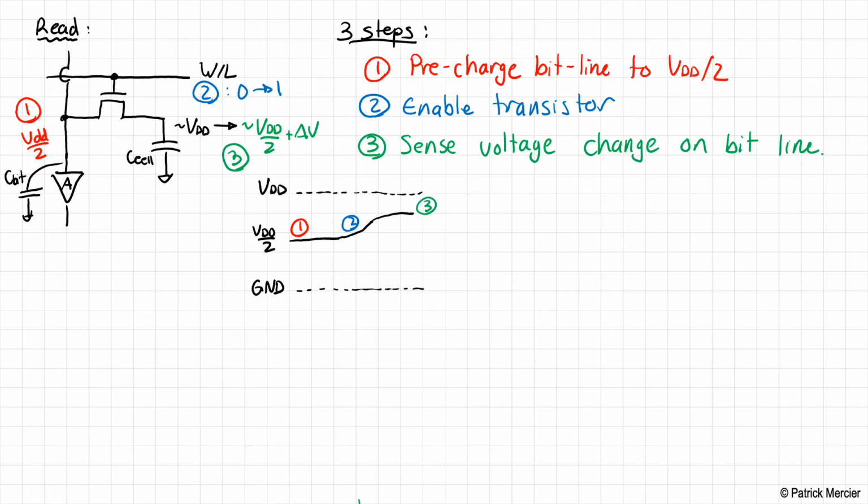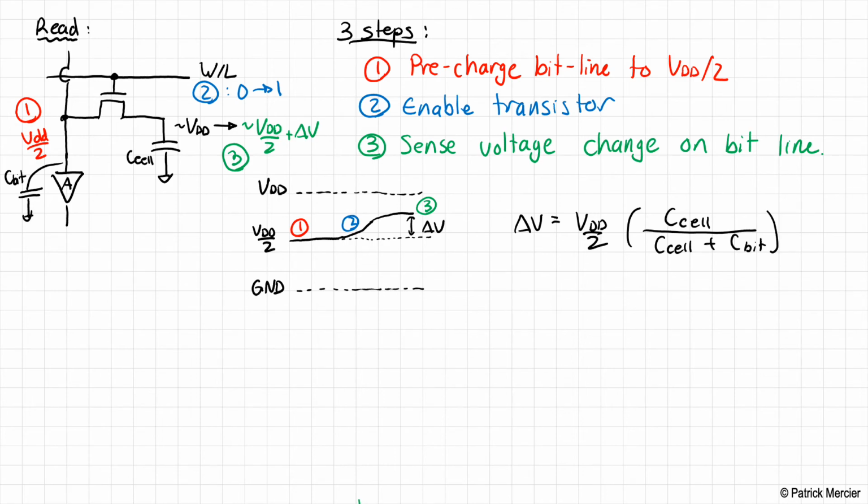The amount that this goes up by is called delta V, and delta V in this case is equal to VDD over 2 times C cell over C cell plus C bit.